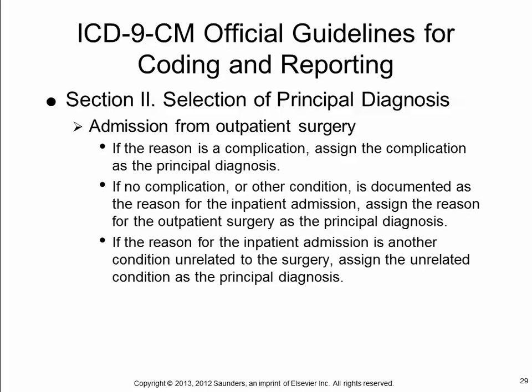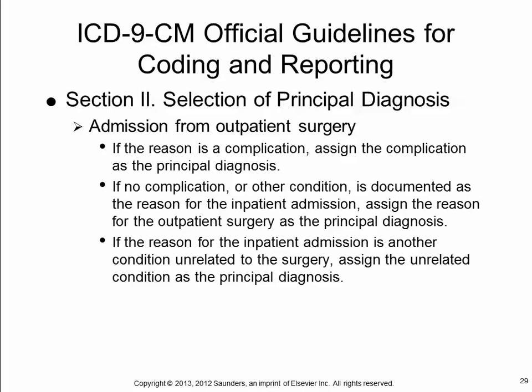So let's say they're coming in for an outpatient transvaginal hysterectomy, but there's no condition, they just want to admit the patient afterwards. We do this a lot. We do the surgeries as outpatient and then admit the patient after the surgery. If that's the case and there's no complication, then we list the reason for the outpatient surgery as the principal diagnosis. Uterine fibroids, so we did a transvaginal hysterectomy.